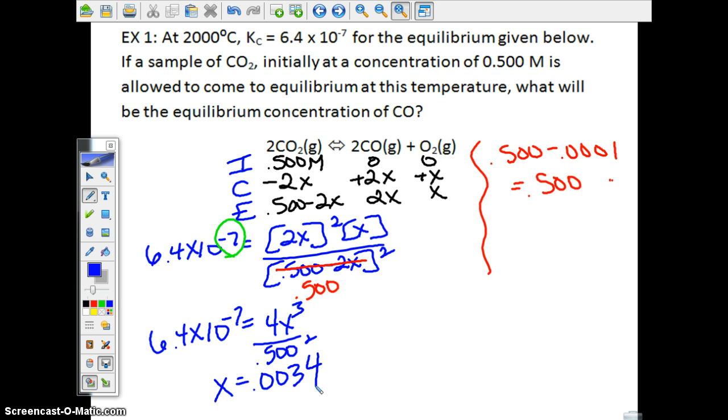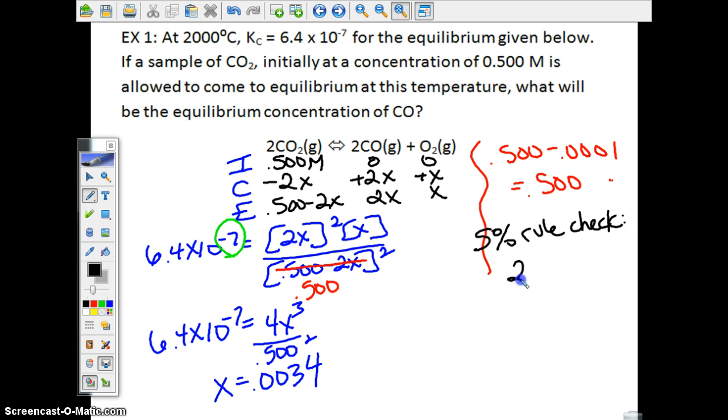Now, we have to make sure that our assumption is valid, that our 5% rule is valid. The way you check that, and you do need to check it, is you take what you are subtracting. So we have 0.5 minus 2x.